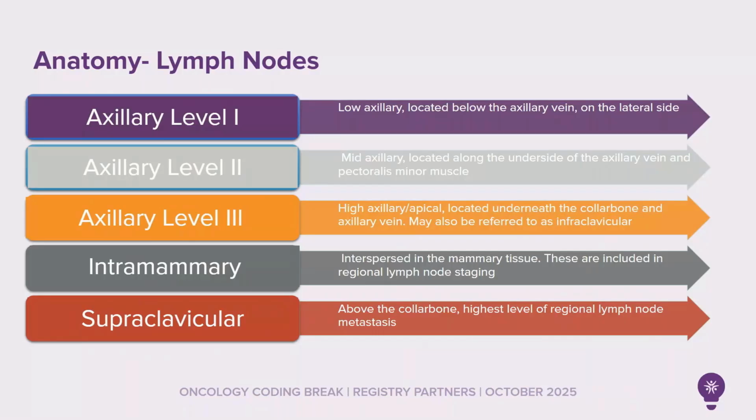And level 3 is the high axillary or apical nodes located underneath the collarbone and axillary vein. These may also be referred to as infraclavicular. The intramammary nodes are interspersed within the mammary tissue, and those are included in the regional lymph node staging. And finally, the supraclavicular nodes are located above the collarbone, and those are the highest level of regional lymph node metastasis.